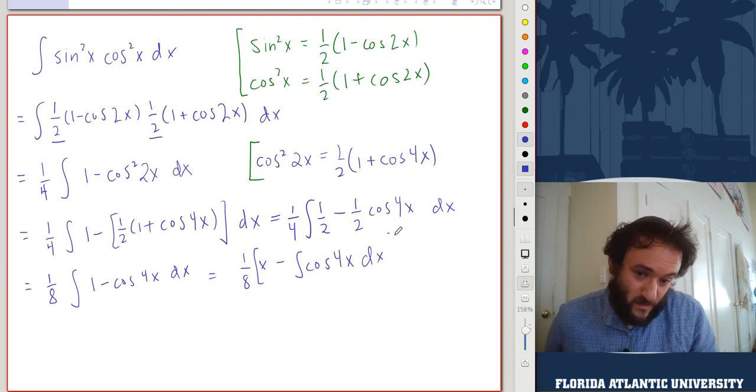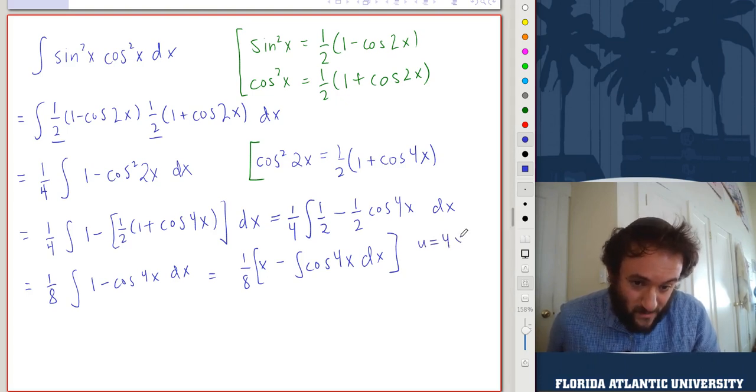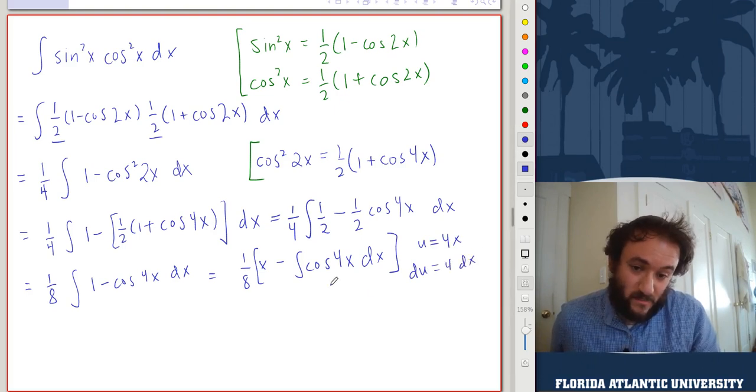And here we could do a u substitution, or you could just eyeball it if you're comfortable with that. Our u substitution would be u equals 4x, du equals 4 dx. And because we have dx here on its own, we'll just make that du over 4 equals dx.